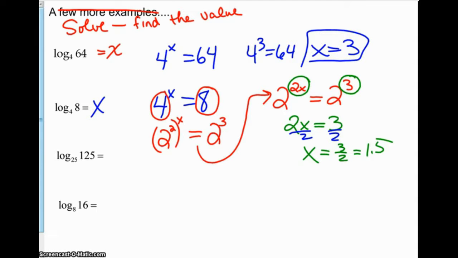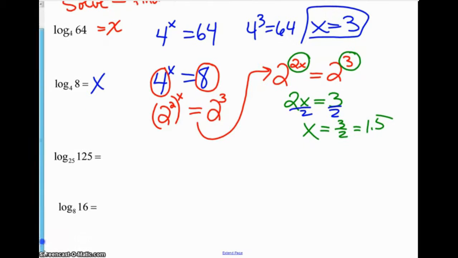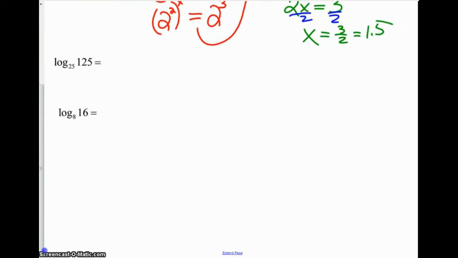Okay? Let's do the same sort of problem with this next problem. Log base 25 of 125. So I'm going to set it equal to x. I'm going to say 25 to the x power equals 125. My next step is, how do I put them both with the same base? I think the most common base I would use here is a 5.